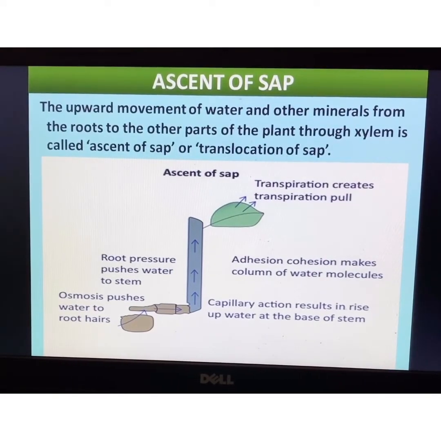Take the corner, just a small corner of the tissue paper, and just put it in the water. What will happen? Water will start rising up in the tissue paper. It will get reduced in the container, and you will see that your entire tissue paper is turning wet. Okay, now this is nothing but capillary action.